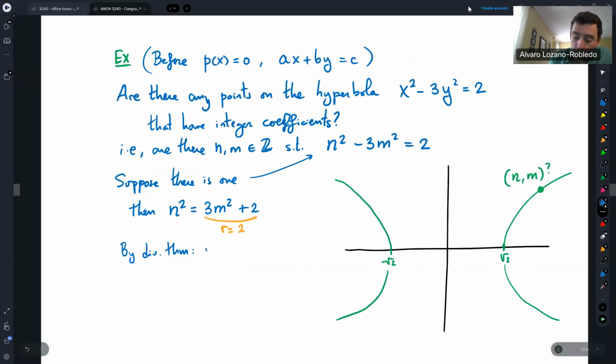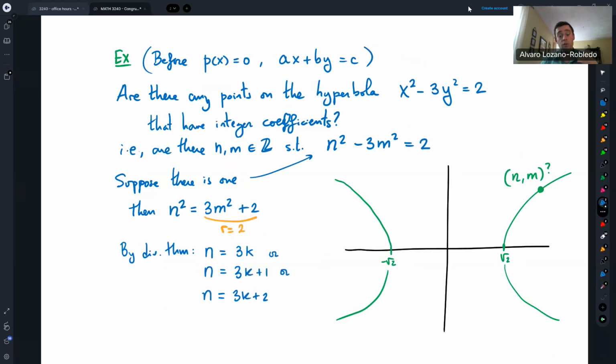So every number n is either of the form 3k, or of the form 3k plus 1, or of the form 3k plus 2, for some integer k.